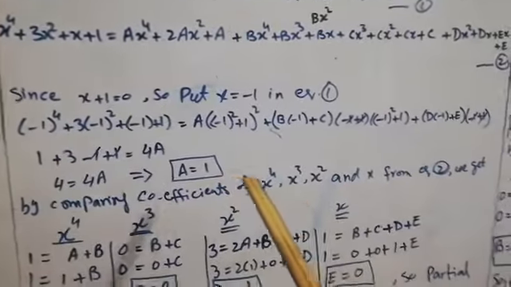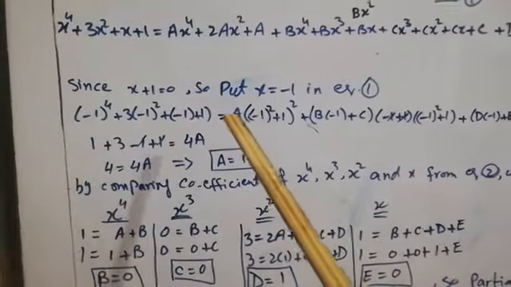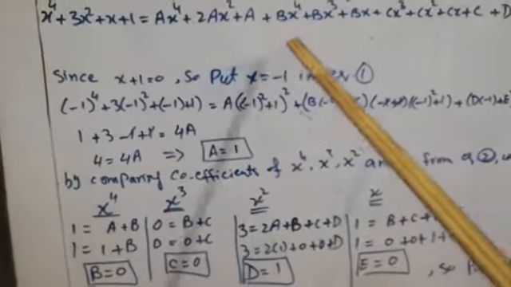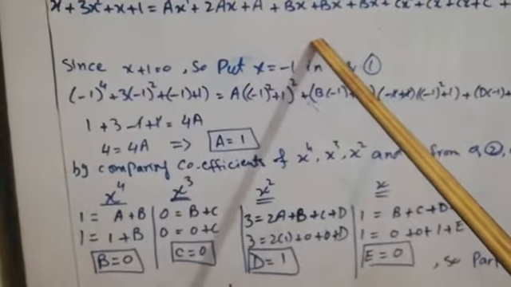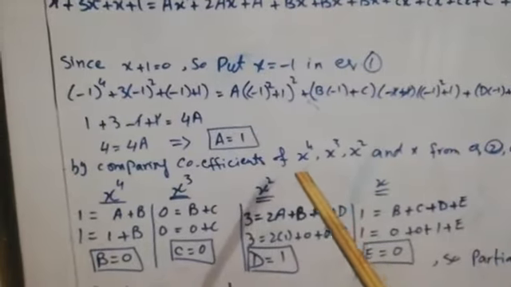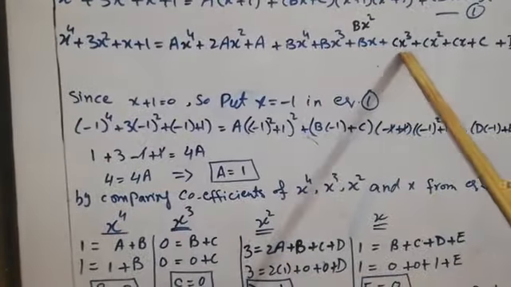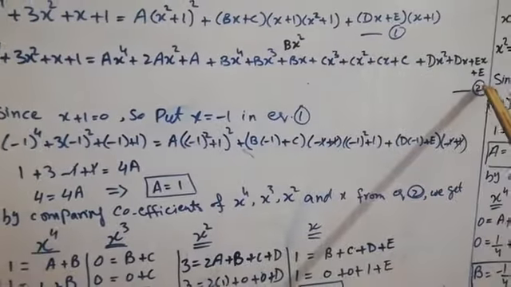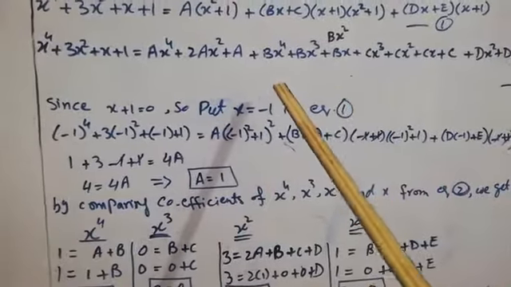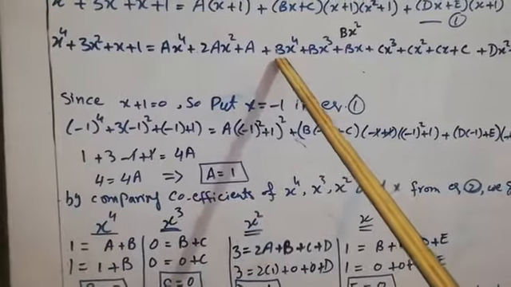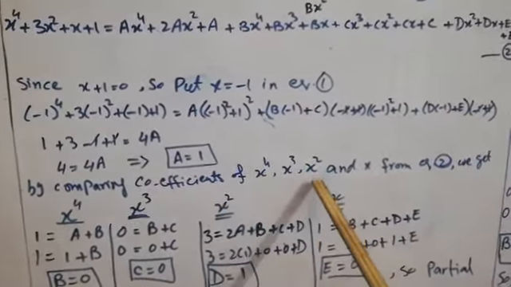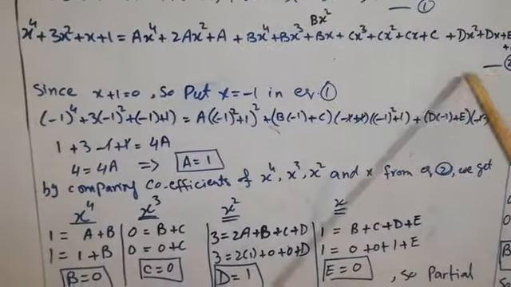Now we are going to move to the second method, which is known as comparing the coefficients of the variable, because we are going to find the values of B, C, D and E. So we will compare the coefficients of x4, x cube, x square and x from equation 2.